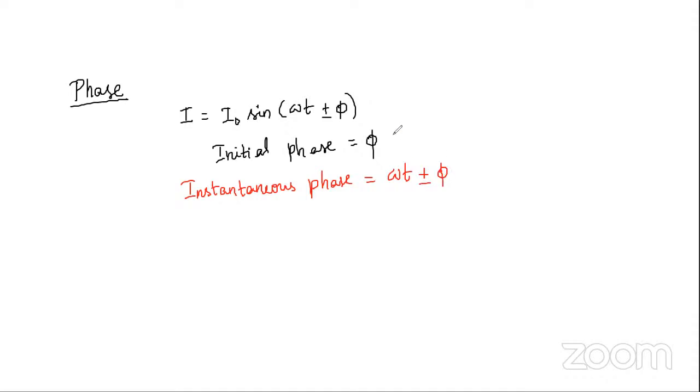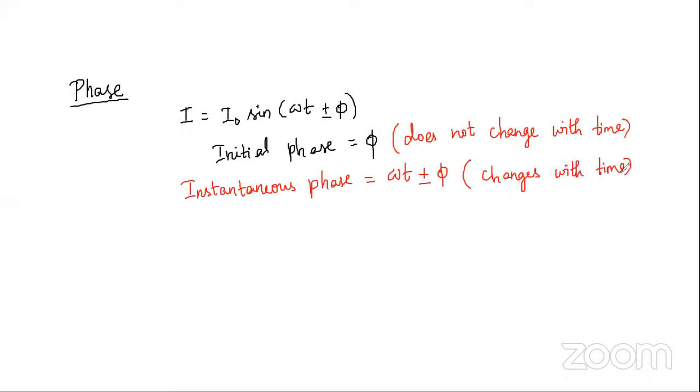Okay, so this initial phase is actually a constant. Okay, it does not change with time. The initial phase does not change with time, and this instantaneous phase can change with time. So it changes with time actually. Okay.